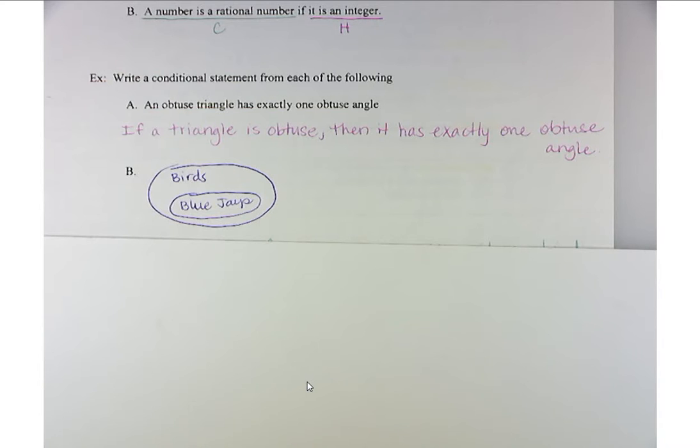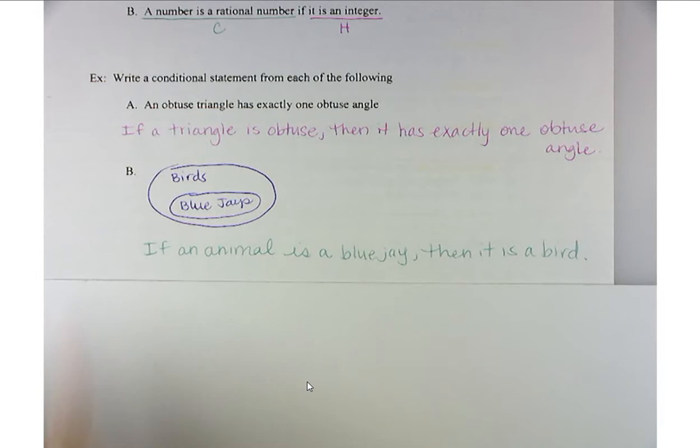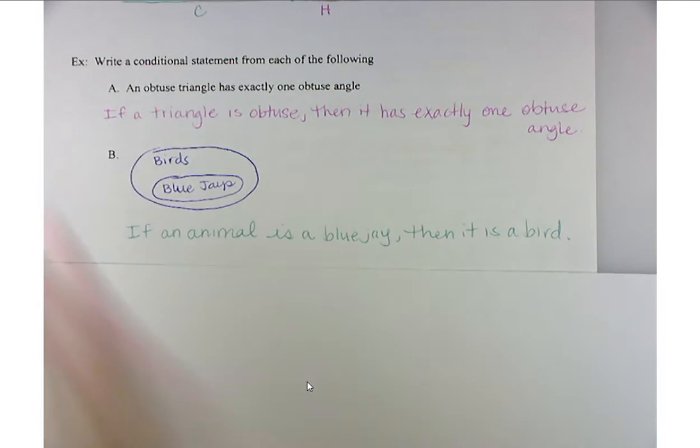When you're writing this, which part is going to go with if? The blue jays or the birds? The blue jays, okay, because the blue jays are on the inside. So we could say if an animal is a blue jay, then it is a bird.